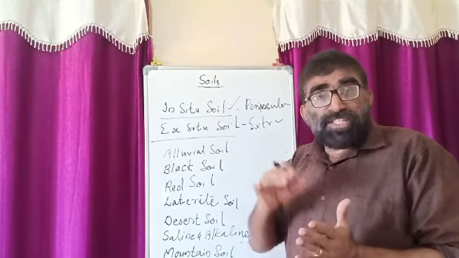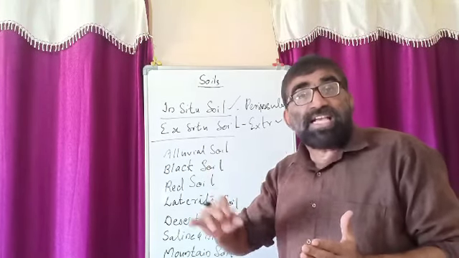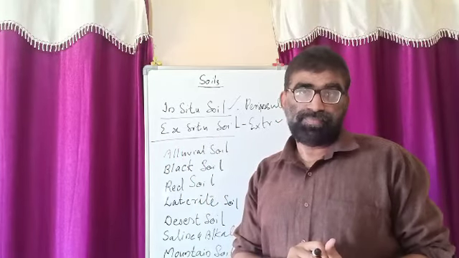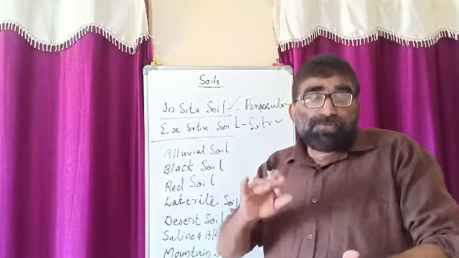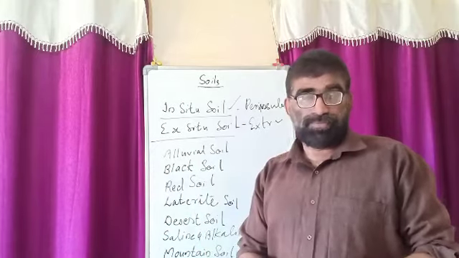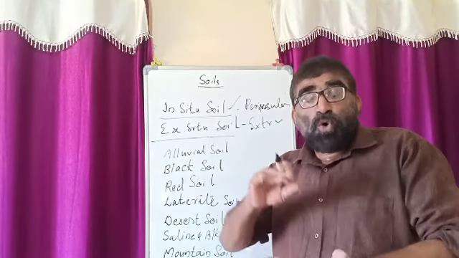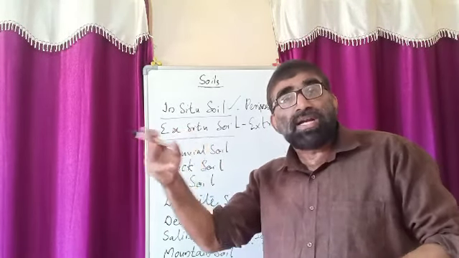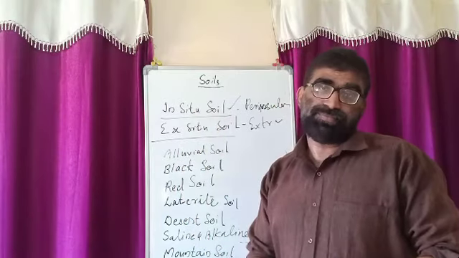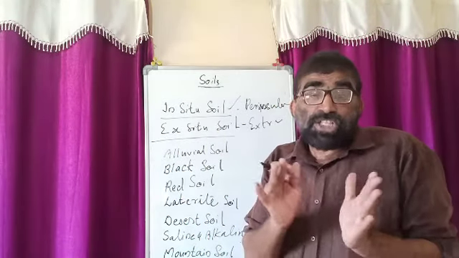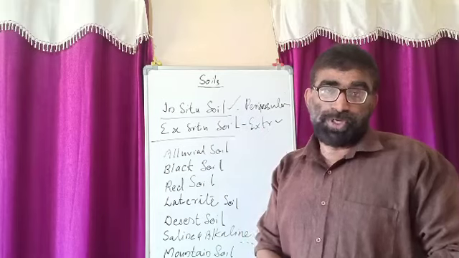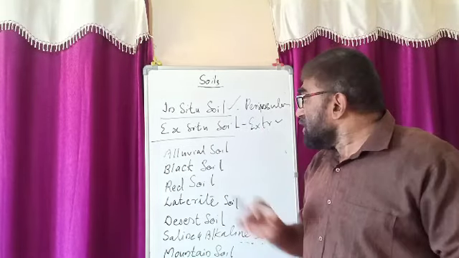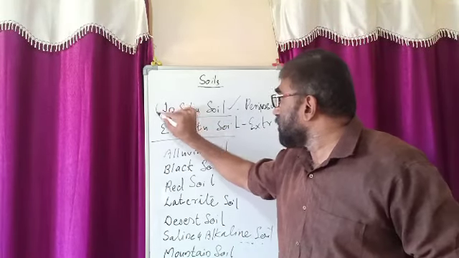In situ soil means the soil which is found in the place where it originated. It is found directly above the parent rock. The soil is not transported and redeposited much. Such a soil is known as in situ soil, and it is also known as sedentary soil.